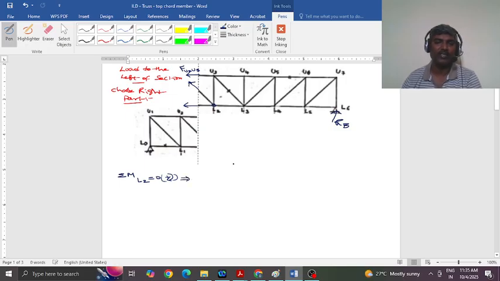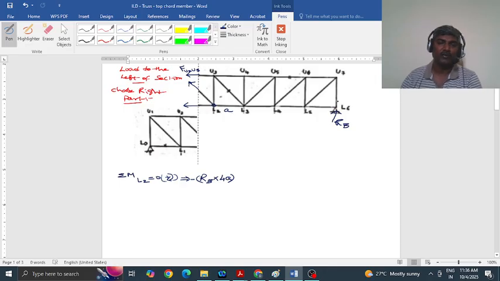These two forces are multiplied by zero distance, and RB is multiplied by this distance. Let us say each span is A. You have four spans here, so it will be 4A. This is anti-clockwise, so let us keep a negative sign as we have taken clockwise positive.